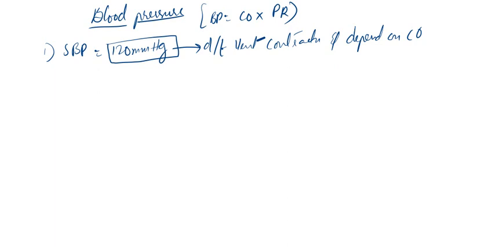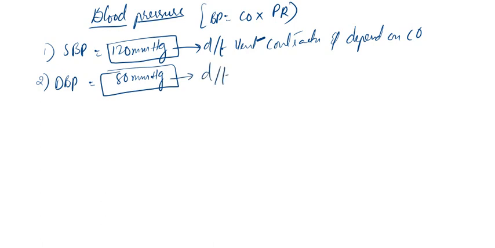Now if you come to the second blood pressure, that is diastolic blood pressure, how much is it? 80 mmHg. Right? Now why is it produced? Why is diastolic blood pressure produced? It is due to elastic recoil, and elastic recoil of what?